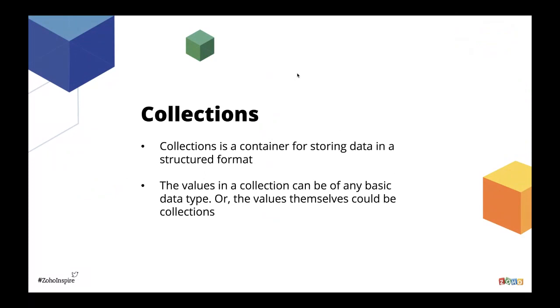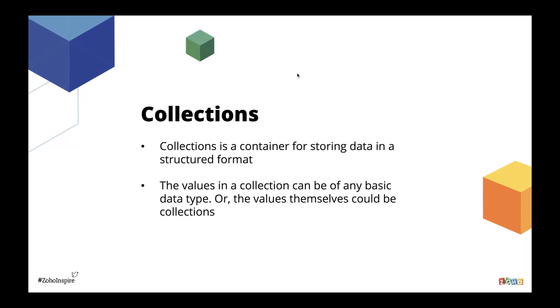Up until now, we've seen data types which can store one value at a time. For those familiar with lists and maps, you can store multiple values in a variable. Since the features for lists and maps were quite similar, we have consolidated that and brought in a new data type called collections.